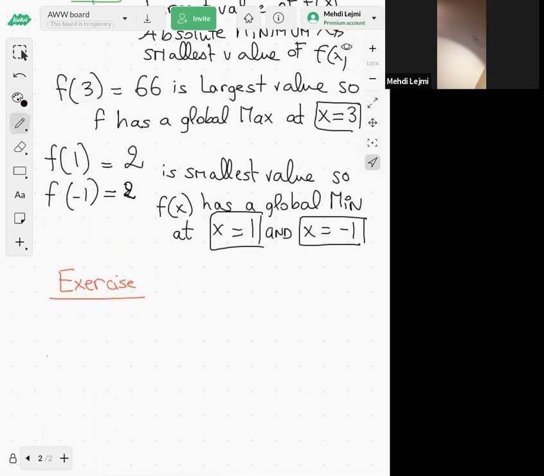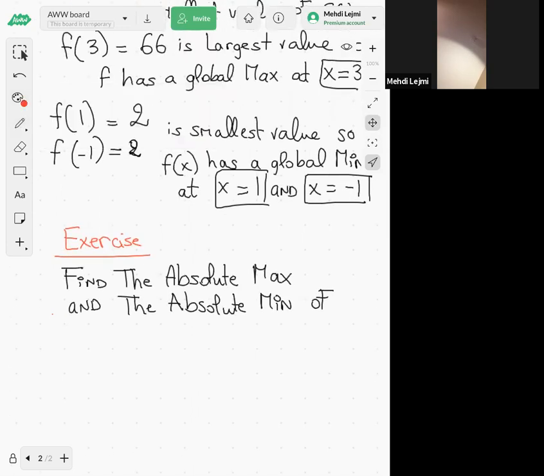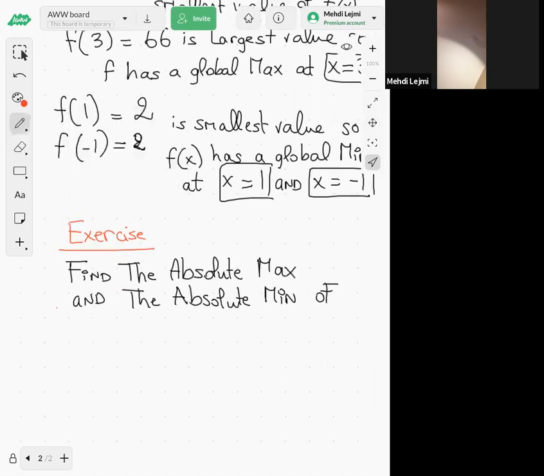Okay, so find the absolute maximum and the absolute minimum of number 1, number 2.